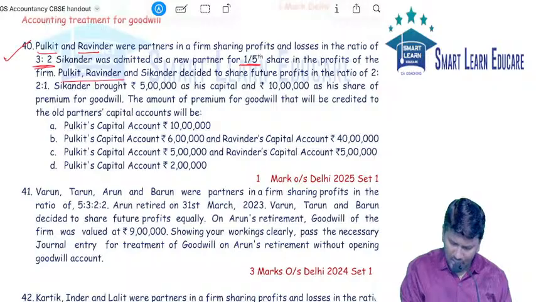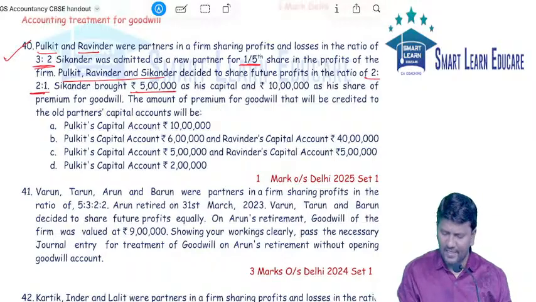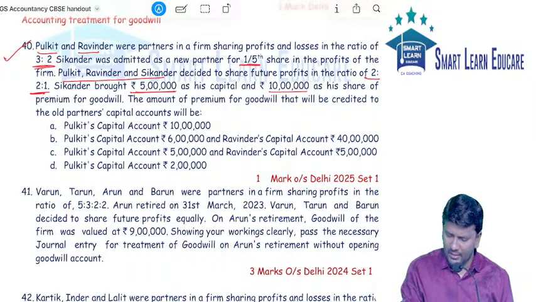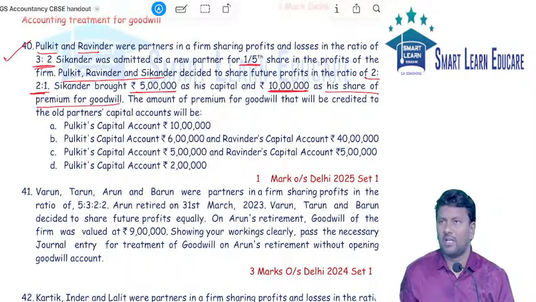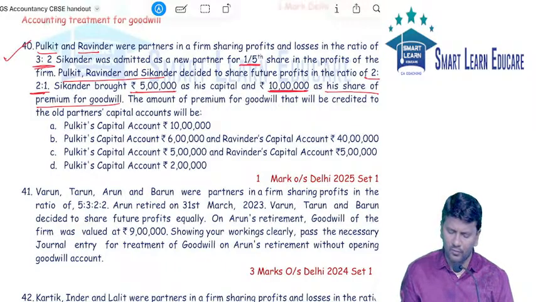The new ratio of P, R, S is 2:1. S brings 5 lakh as capital and 10 lakh as his share of premium for goodwill. The partner brings cash for his share of goodwill, so the premium method should be followed.